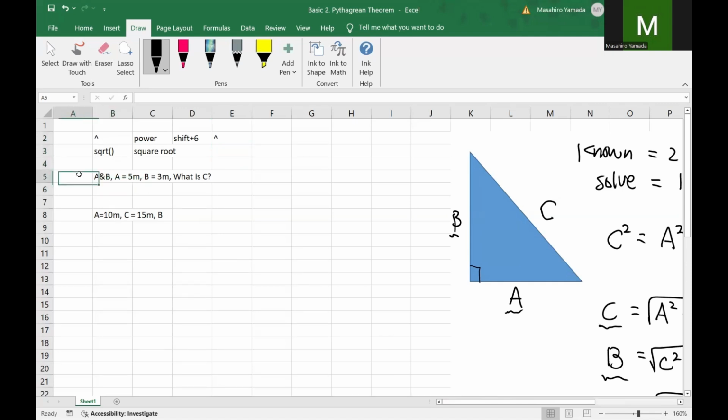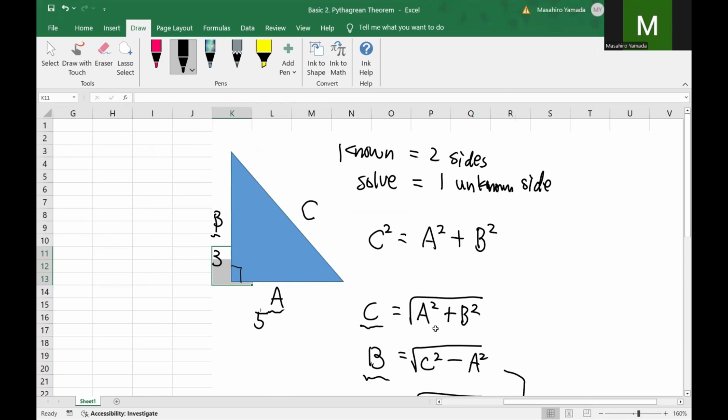Okay, so this is the question. The knowns are A and B, where the length of A is 5 meters and the length of B is 3 meters. So this is 5 and this is 3. Since you know A and B, we simply use this formula.